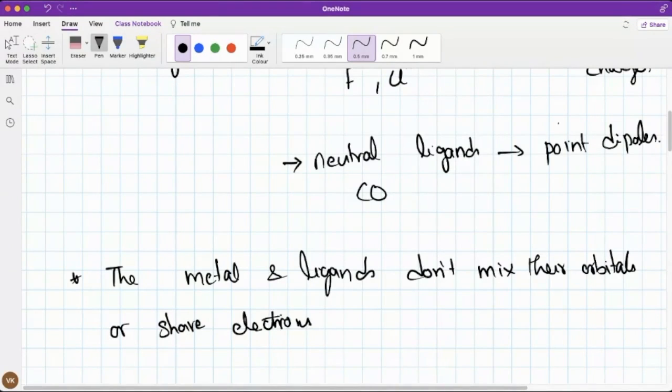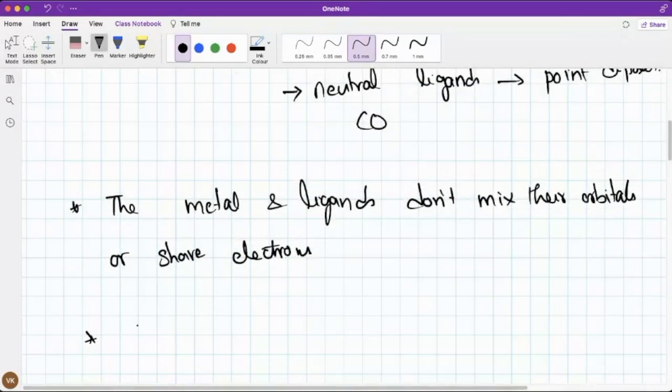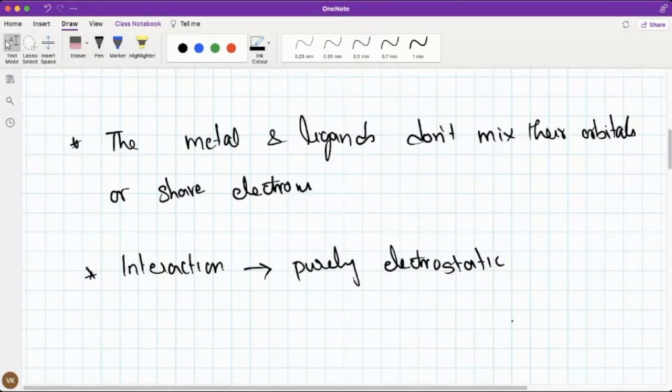So basically there is no overlap. The interaction between them is purely electrostatic, that is, 100% ionic compounds. So these are the salient features of crystal field theory.